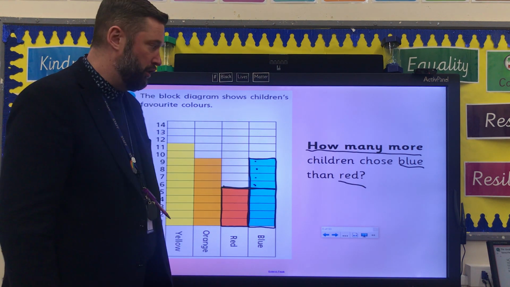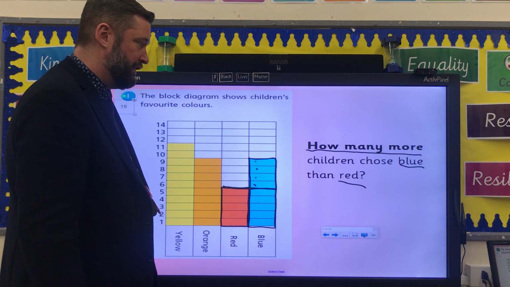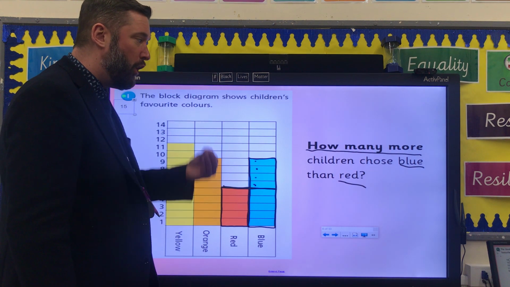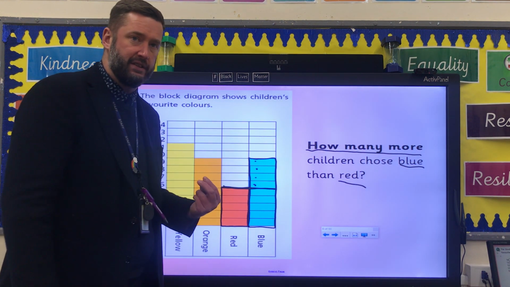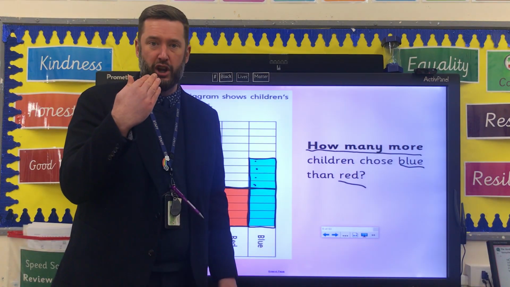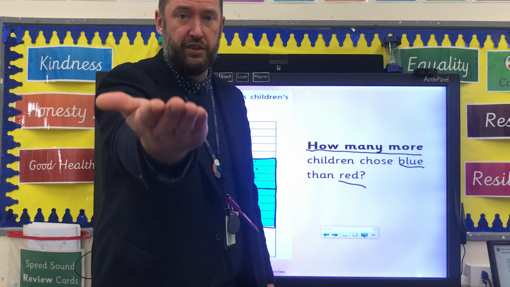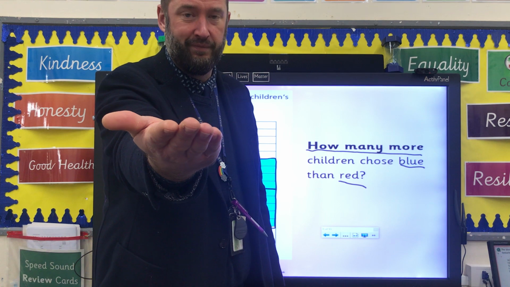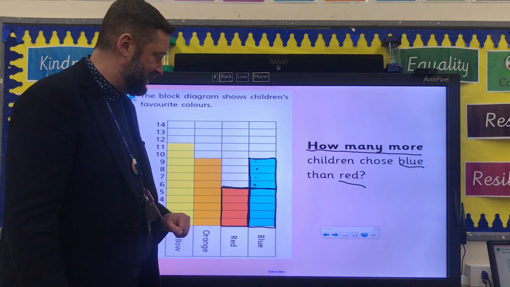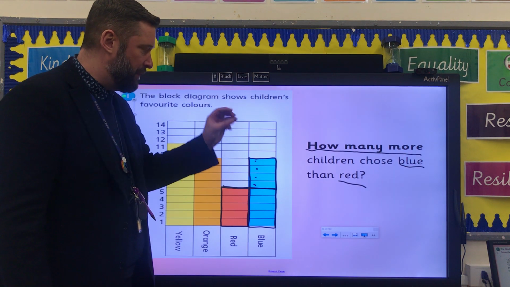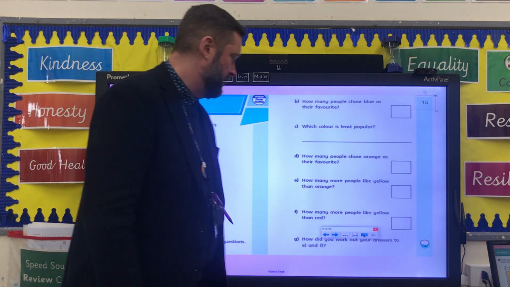Did you count 4? So let's go back to our question. 4 more children chose blue than red. Your turn to say that. Well done. And that's what our bar says. So that's some help with how many more questions.